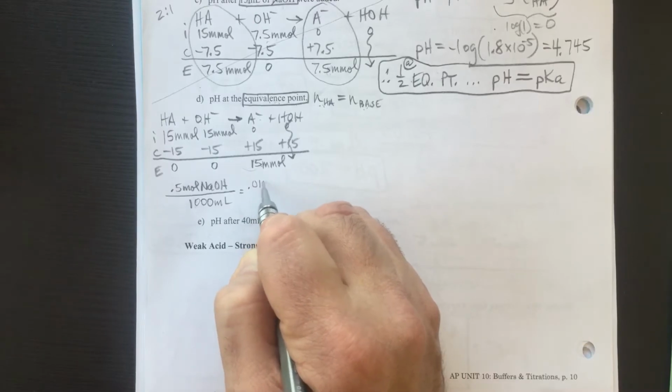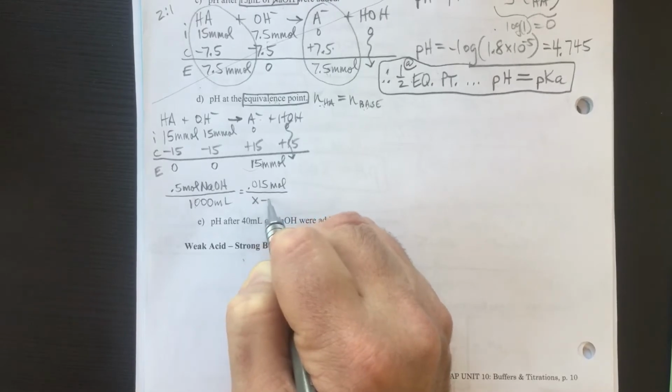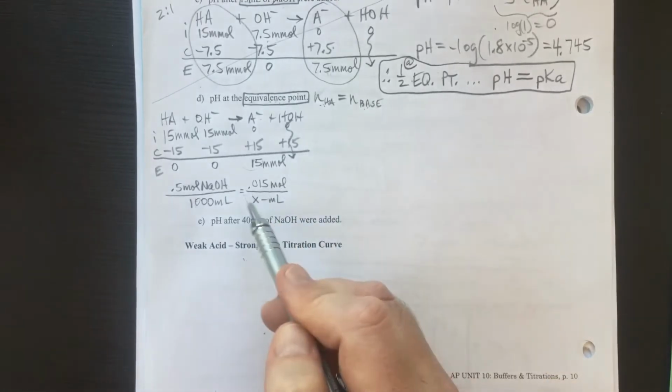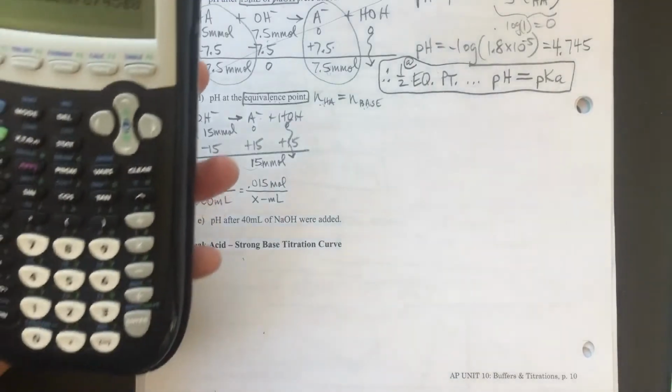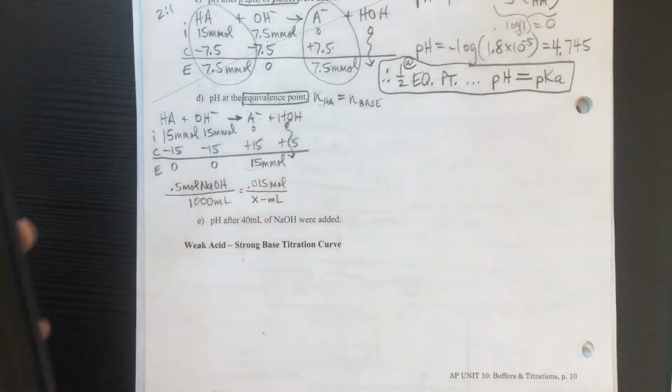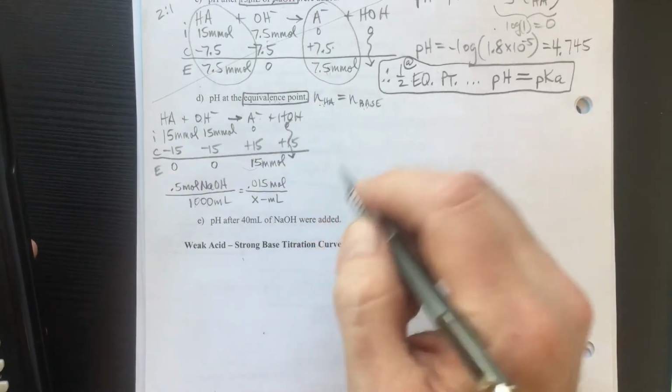So that'd be 0.015 moles for every X milliliters. So now we multiply 1,000 by 0.015 and then divide by 0.5, and that'll tell us how many milliliters of this particular sodium hydroxide solution there must be. So 1,000 times 0.015 divided by 0.5. So I'm getting 30 milliliters, which makes sense.